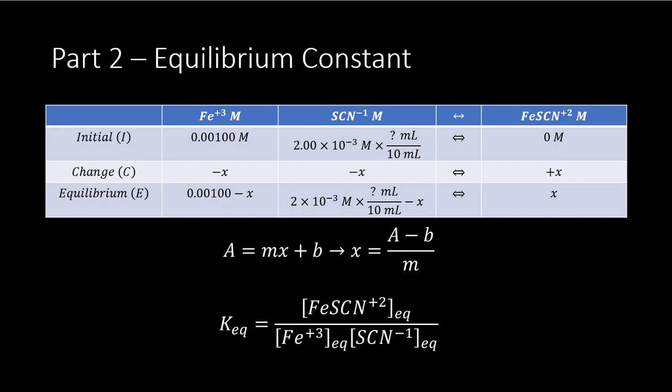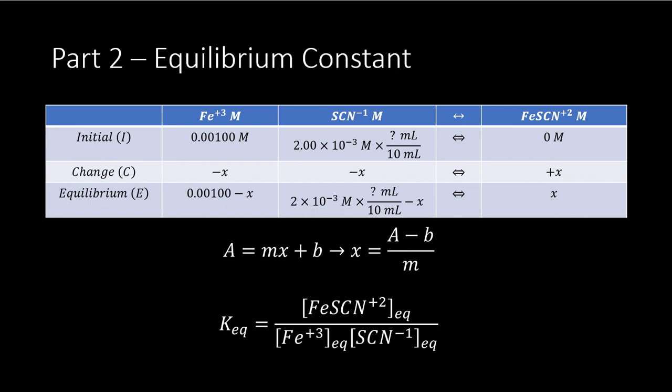Thiocyanate will be its initial concentration minus x, and then at equilibrium, the iron thiocyanate concentration will just be equal to our change factor. What's very nice is that change factor is the equilibrium concentration of iron thiocyanate. That happens to be equal to the x value from our calibration curve trend line.